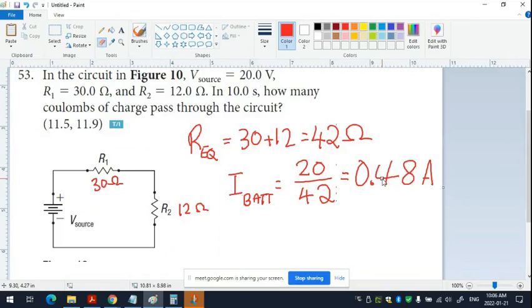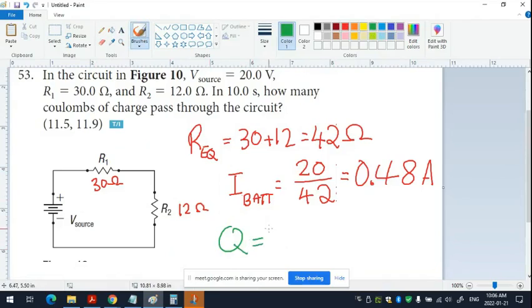What do I do with that? If I want charge and I have time, I equals Q over delta T, or Q equals I times delta T. So I'm going to do it in a different color.